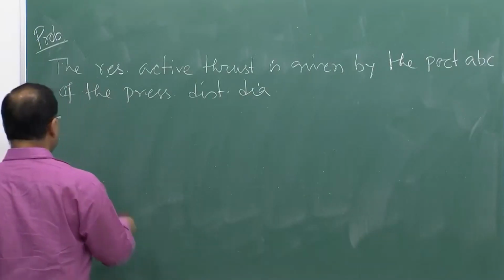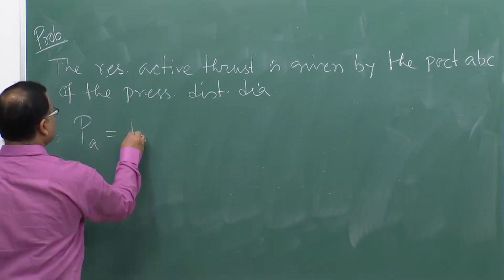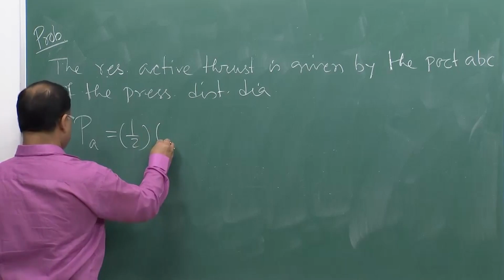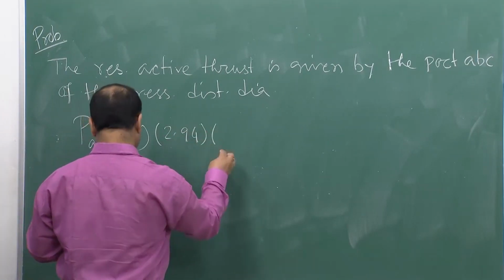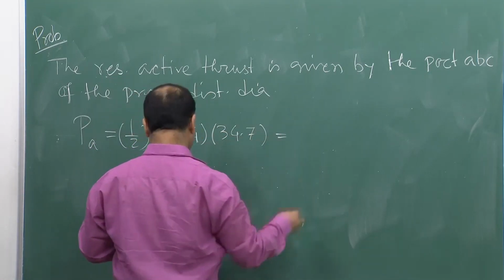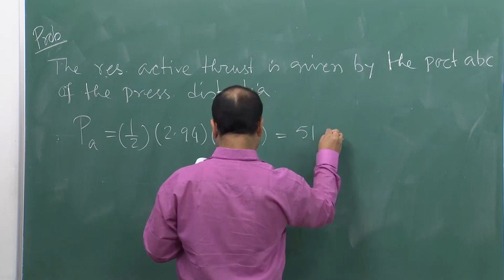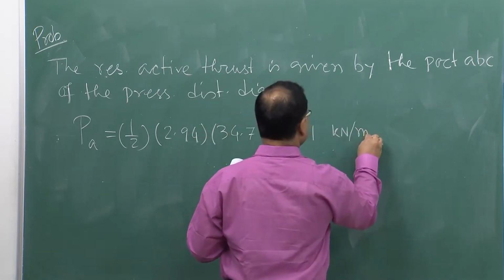So, that is coming as PA is half into 2.94 into 34.7, which is equal to 51 kilonewton per meter run.